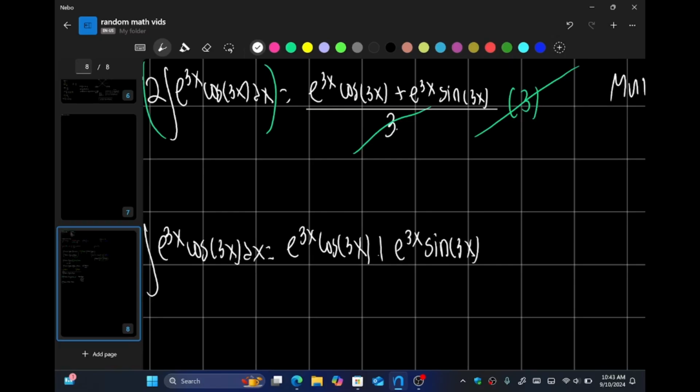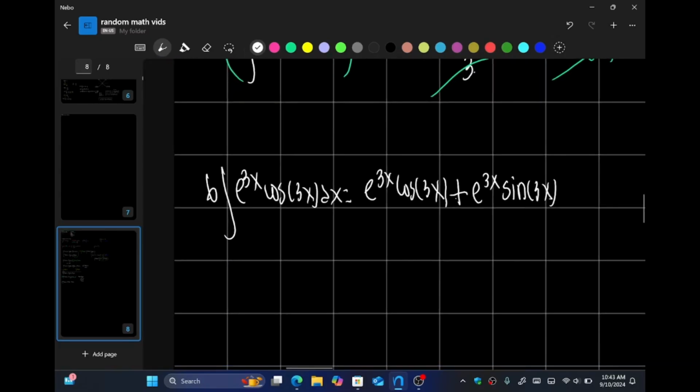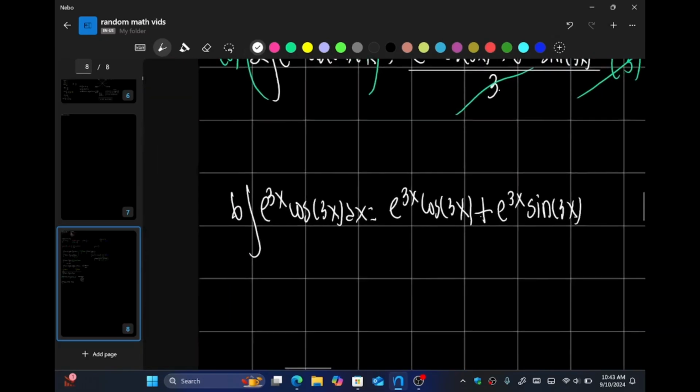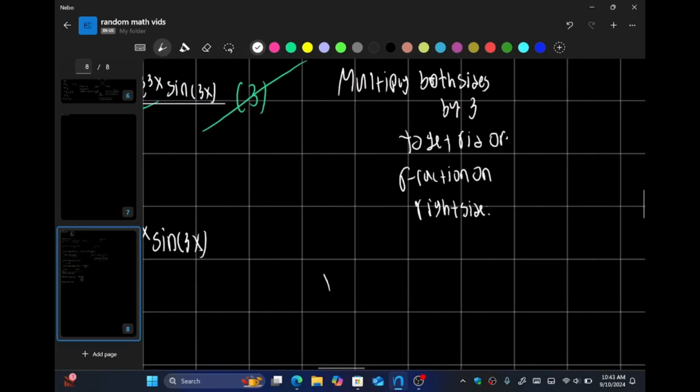So plus this, and then finally we're going to divide both sides by 6.